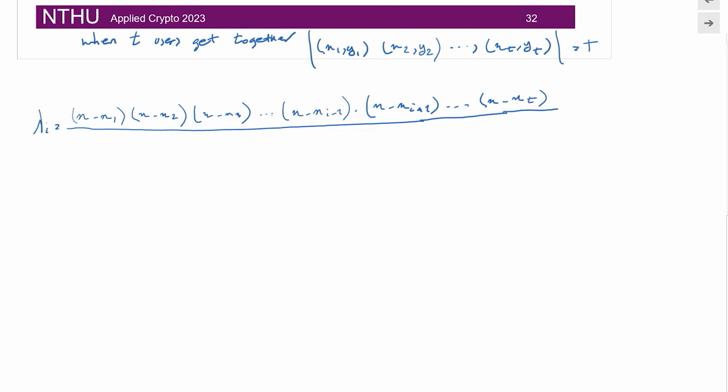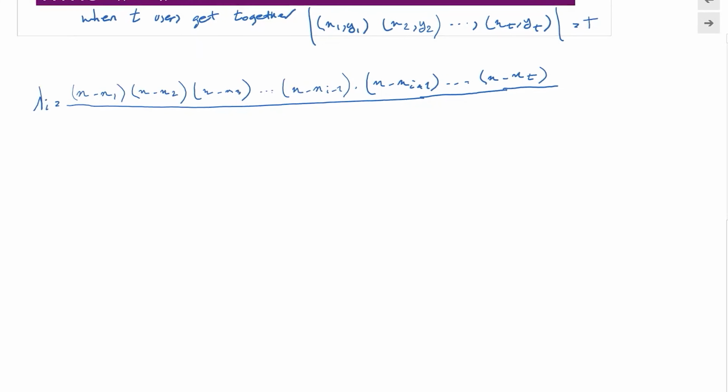So if you notice, when we are computing the lambda of i, the point i, we do this formula with variable x minus every other point except the i's point. And then here, the i's x comes into play: xi minus x1, xi minus x2.